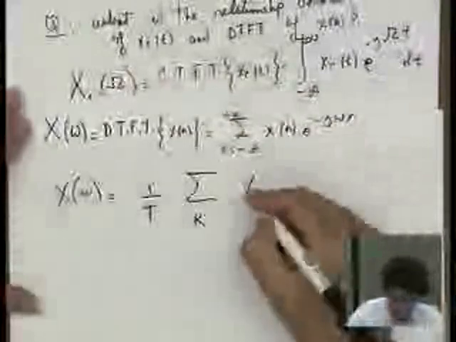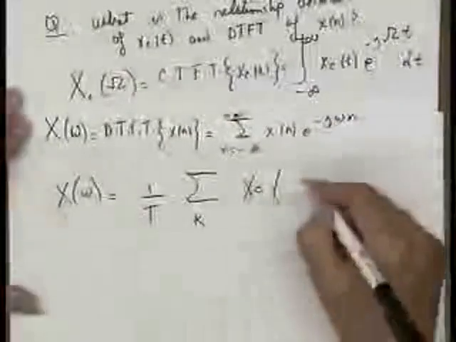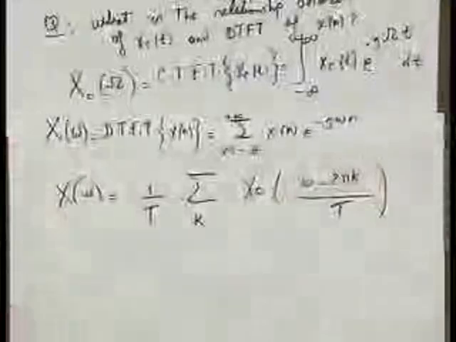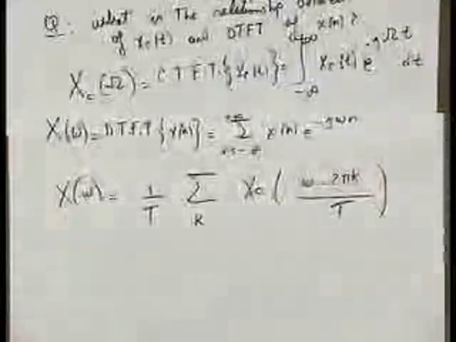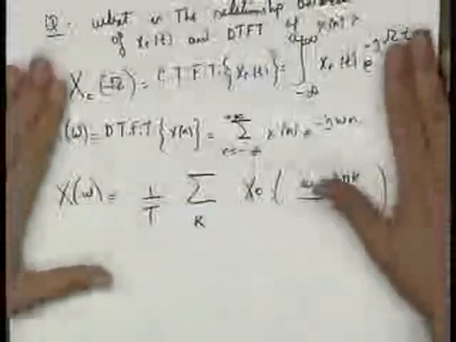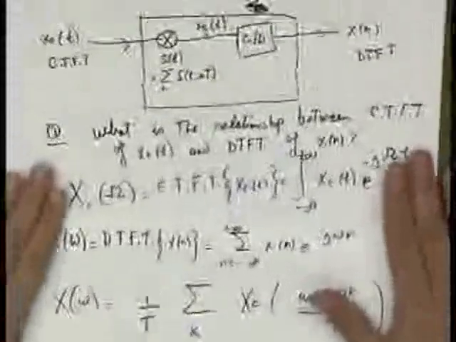But the relationship between these two is as follows: X of omega is given by 1 over T, which is just a simple scaling factor, times the summation over k of replicas of x sub c in the following way: x sub c of omega minus 2 pi k over T. It's not very difficult to derive this. You come back to this picture here.